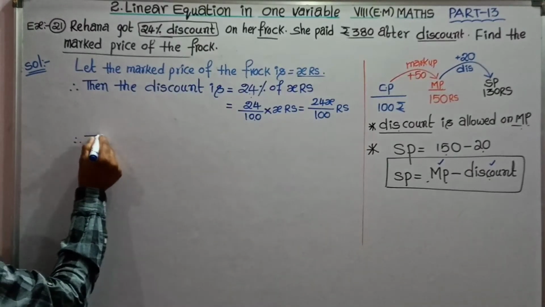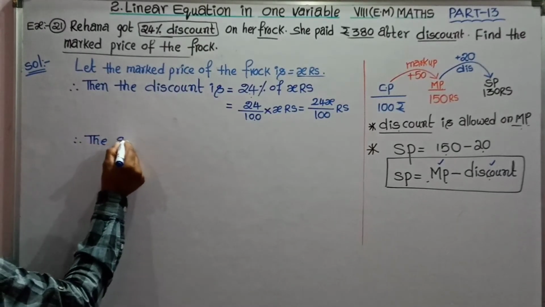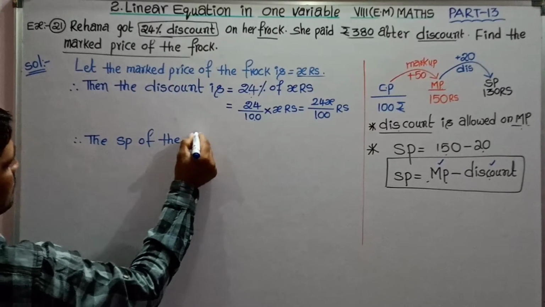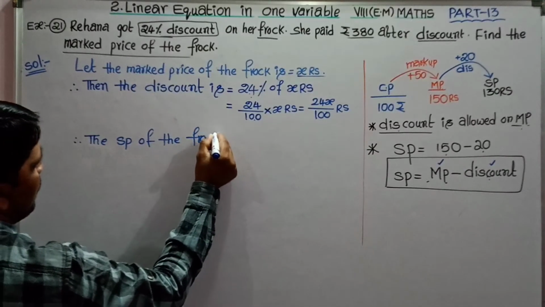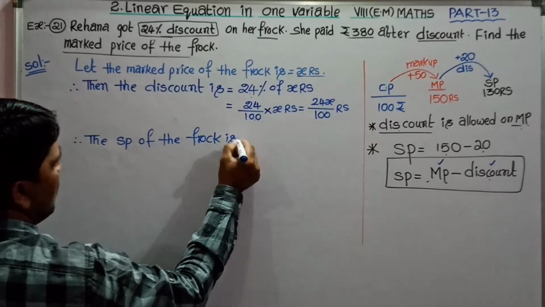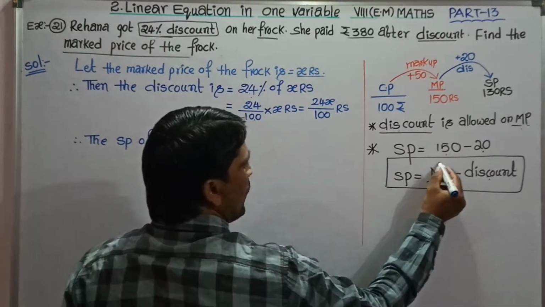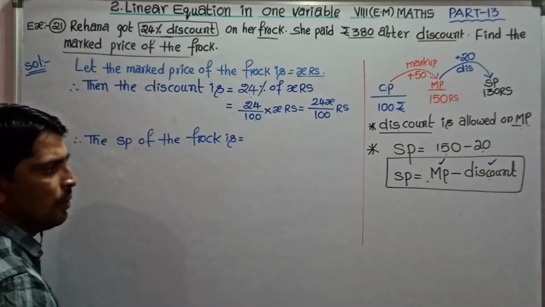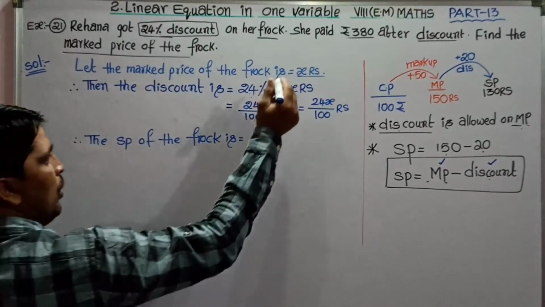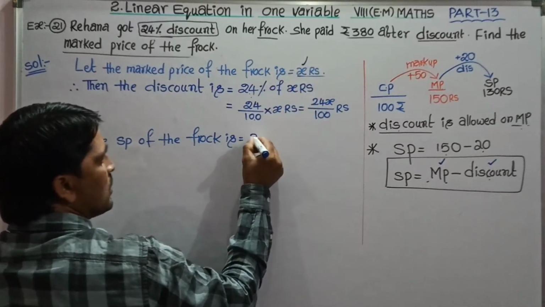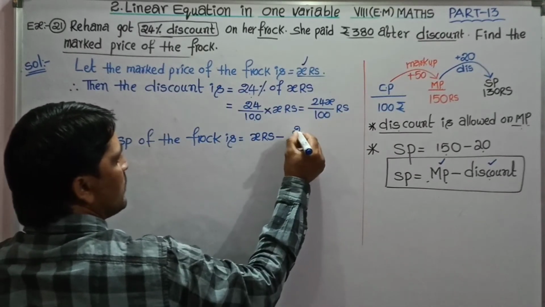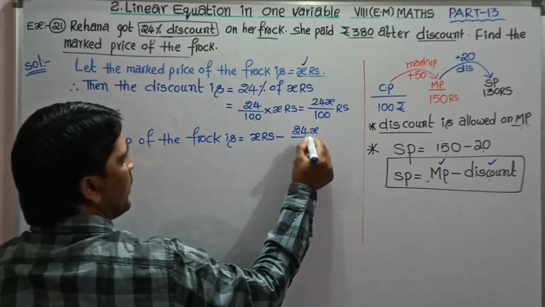Now the selling price of the frock is, how do we get selling price? Market price minus discount. Selling price equals market price minus discount. Market price is X rupees minus discount amount 24x by 100 rupees.